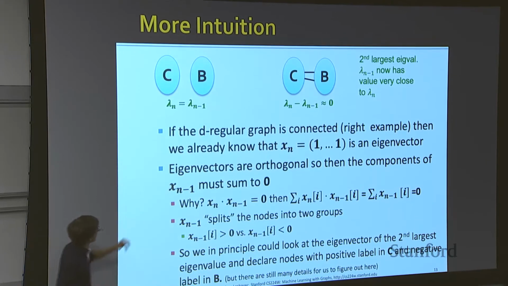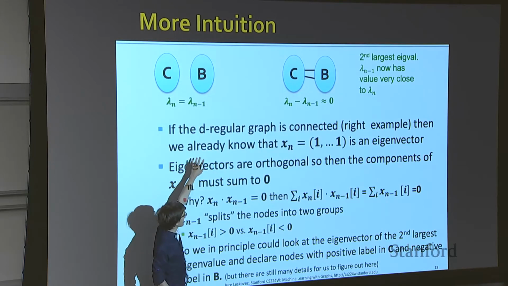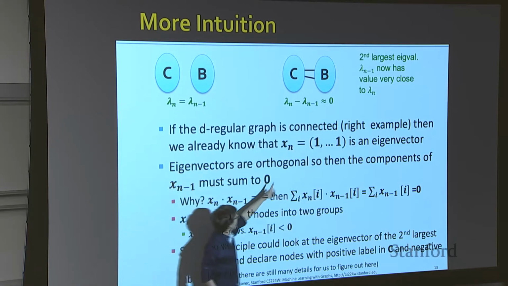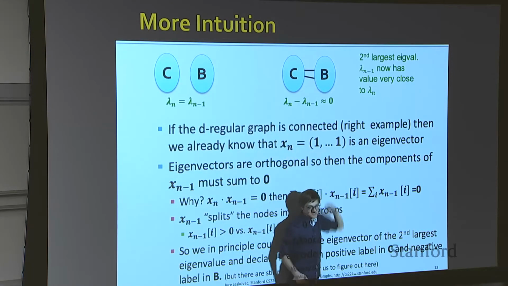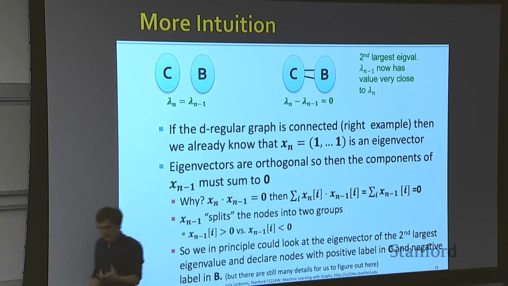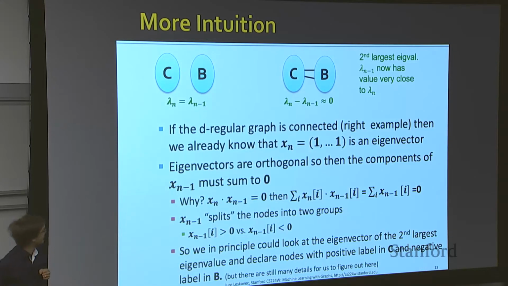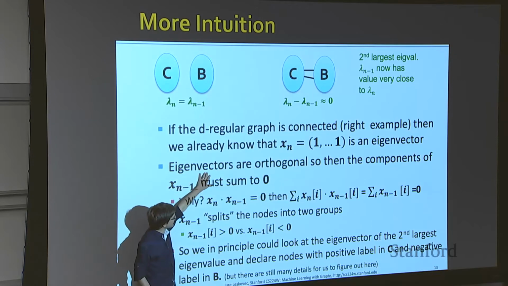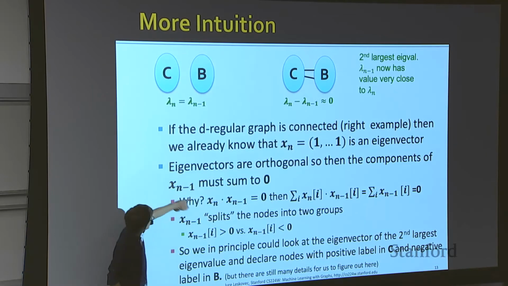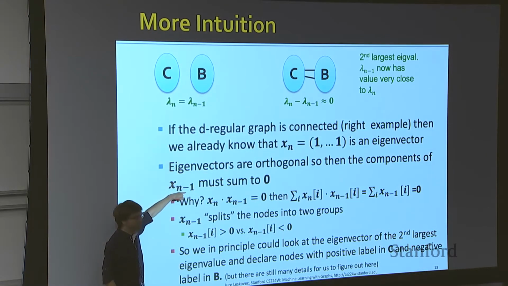So let's keep talking a bit about this intuition, and then we'll do more math. What we already know is that if a D-regular graph is connected, then the vector of all ones is the eigenvector corresponding to the largest eigenvalue. Because eigenvectors are orthogonal, this means that the second eigenvector must be orthogonal to the first one.